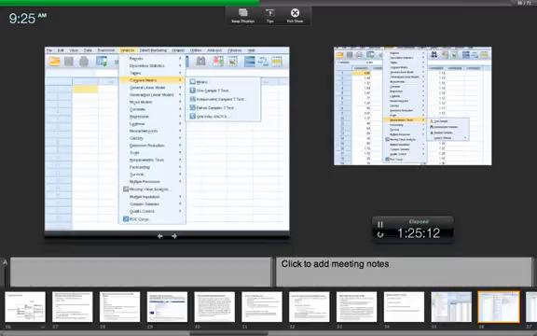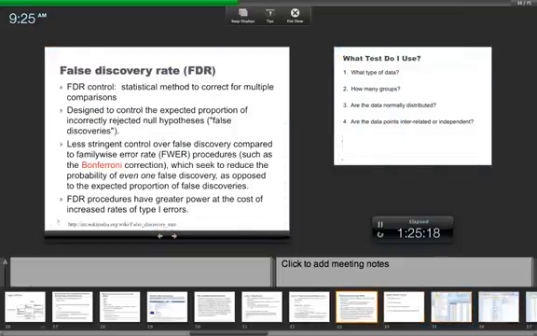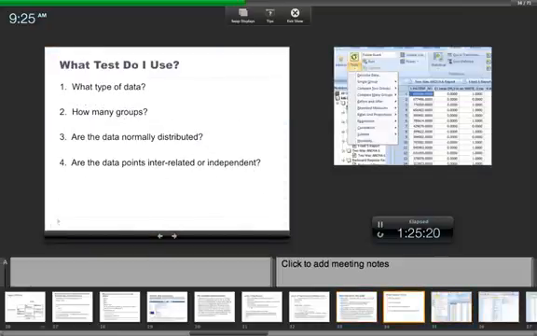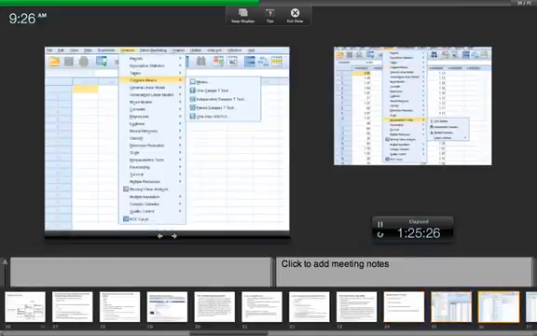So the first four questions that I asked, if you figure this out, then you have no problem picking the right test in the programs. Based on the answers to those four questions, you will be able to correctly pick the test to use.